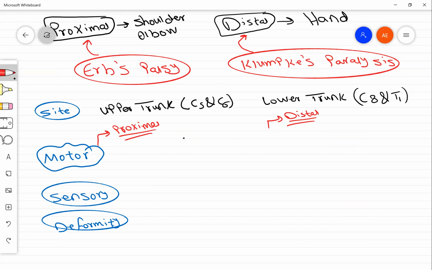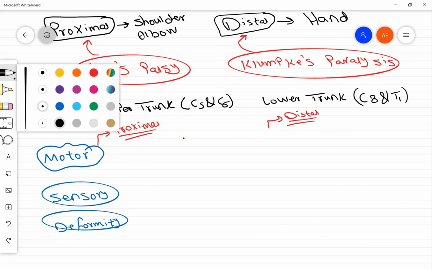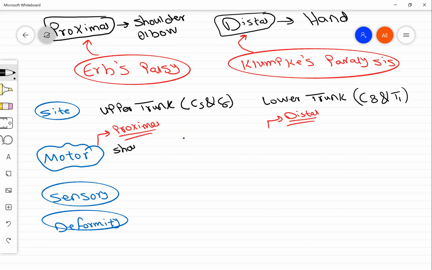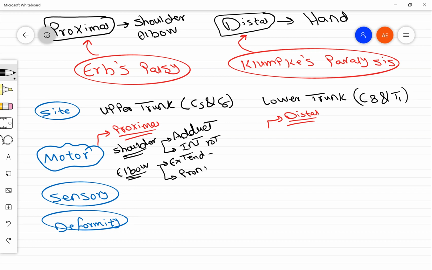We will describe the shoulder as adducted and internally rotated. We will describe the elbow as extended and pronated.